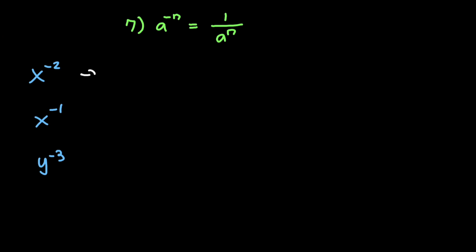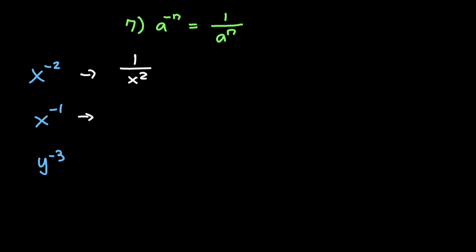Rule number 7 of this would be a raised to the power of negative n is equal to 1 over a raised to the power of n. X raised to the power of negative 2 would be 1 over x squared.